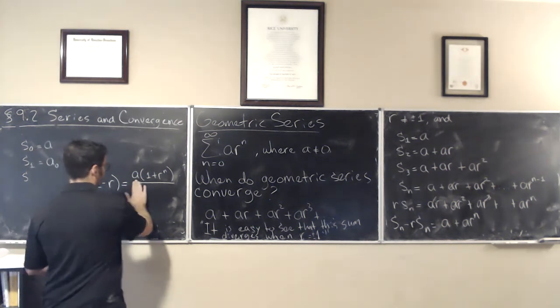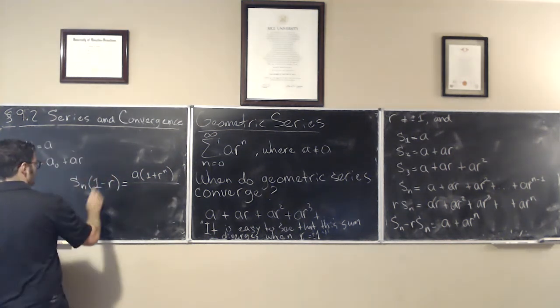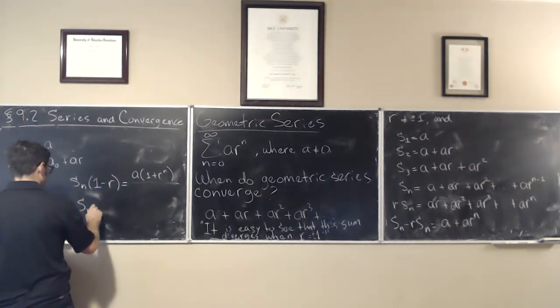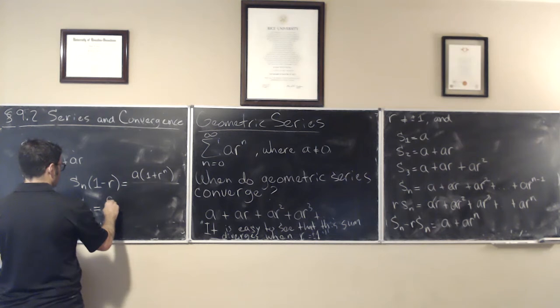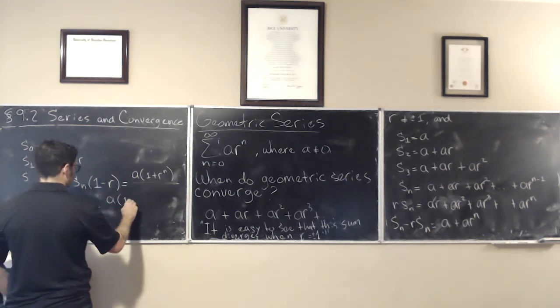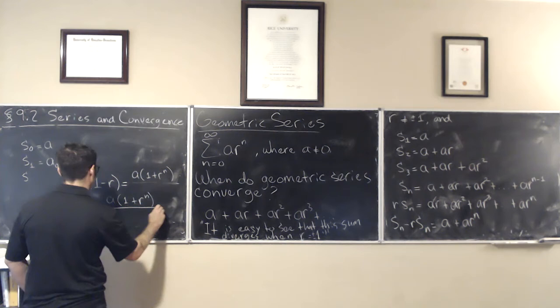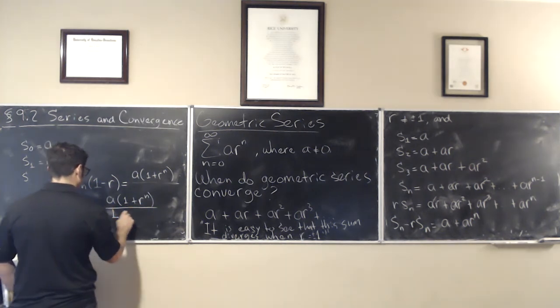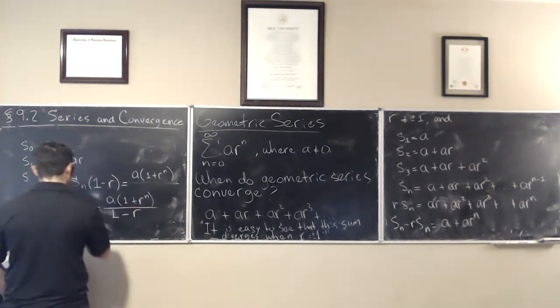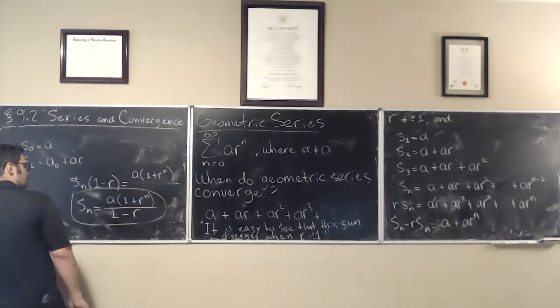Okay, I'm getting ahead of myself there. Divide by 1 minus r. And that's our term, that's our partial sum.